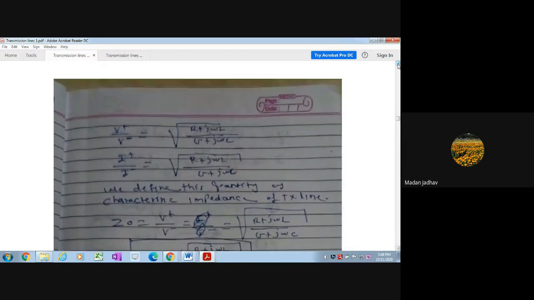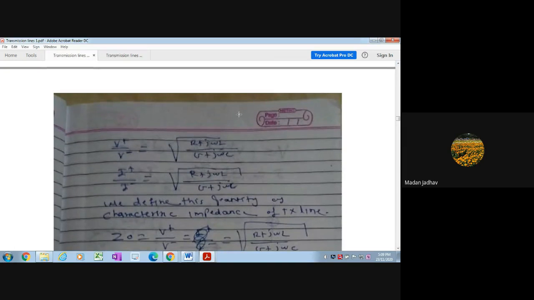That is, the characteristic impedance is nothing but the ratio of the forward voltage to the forward current. Then you will get the square root of R plus j omega L. Now here the forward current is I plus. Therefore you will get the square root of (R plus j omega L) divided by (G plus j omega C).